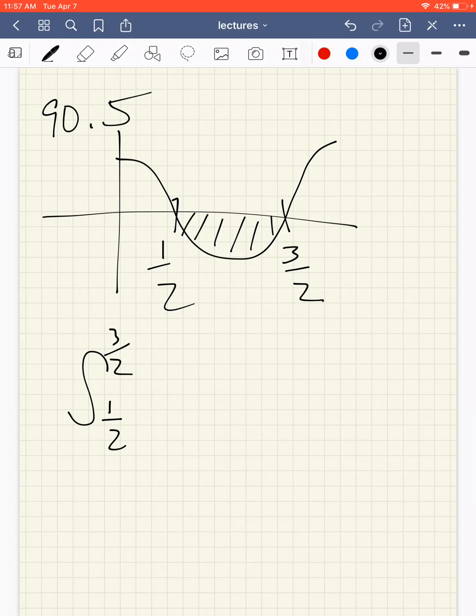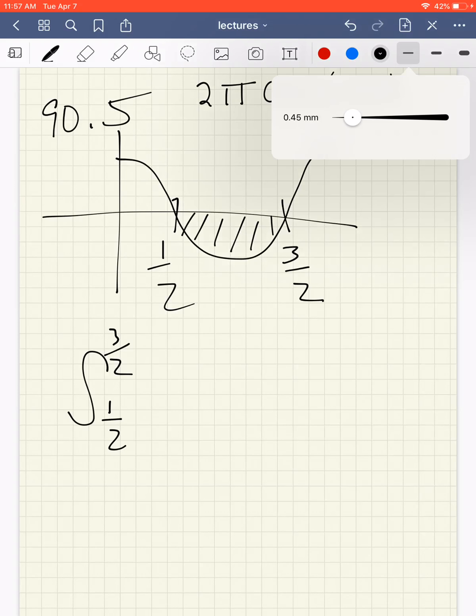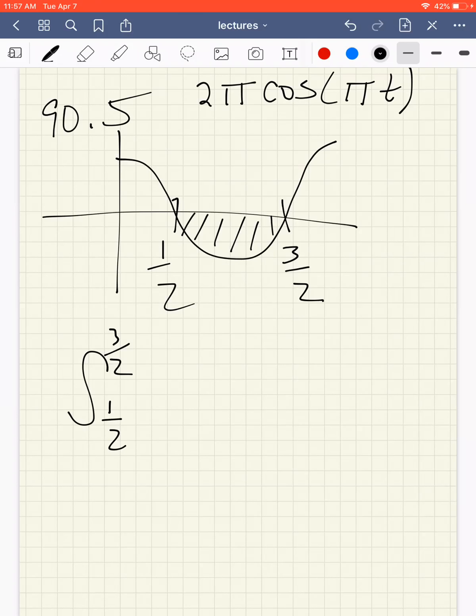And let's see, the equation was, what was it? It was 2 pi cosine of pi t. All right, so we can pull the 2 out in front, it's just a constant.